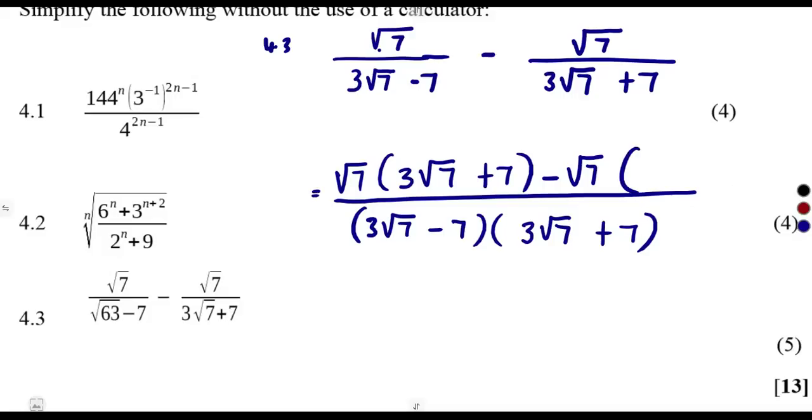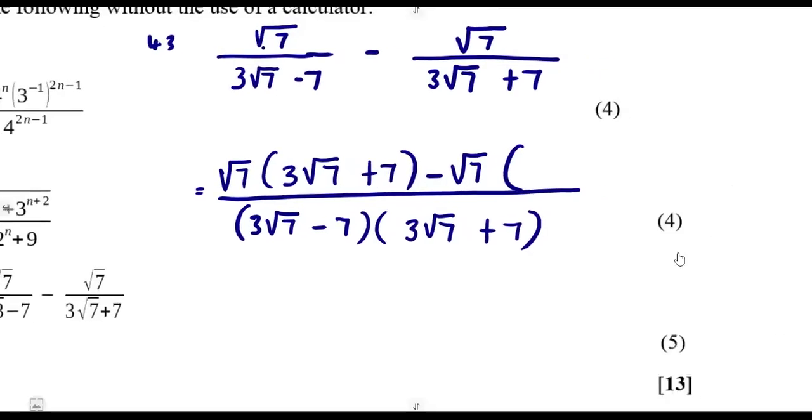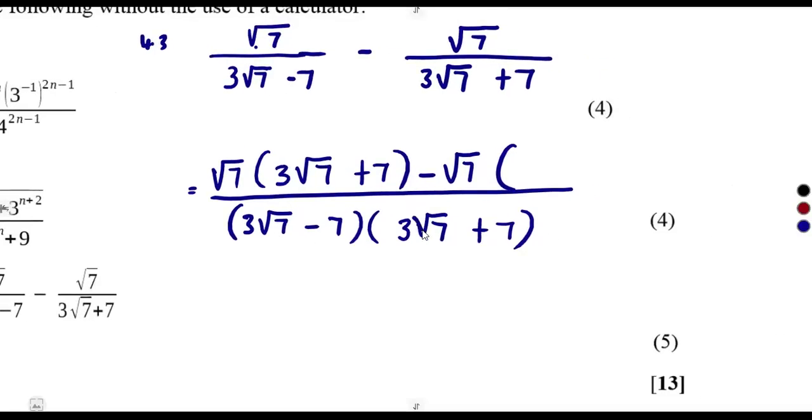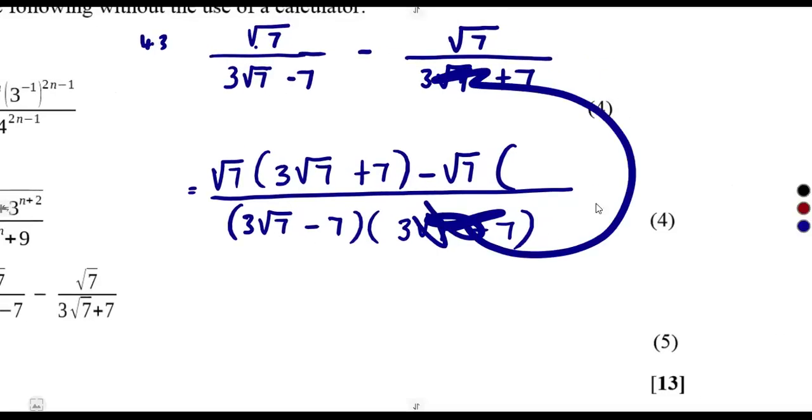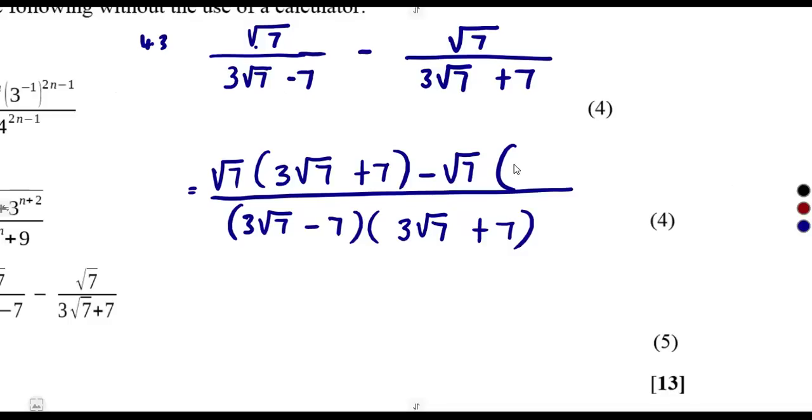Into the denominator, like into this bracket that was remaining in the denominator. So we take that bracket that was remaining because this one cancels this one. So remember, that's 3 square root of 7 minus 7 like that. So this is it.